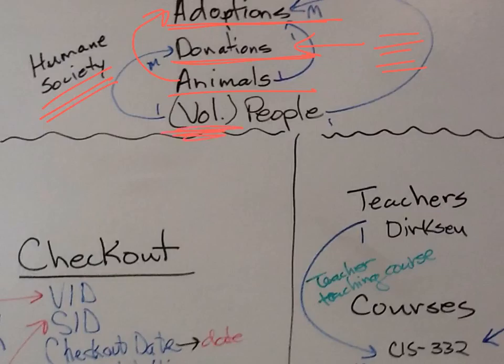And then they had the volunteers, the people. The volunteers are people who donate, people who adopt, and actually in Humane Society too, they have volunteers who, for example, walk the dogs and help. Write what other things could be done at the Humane Society.